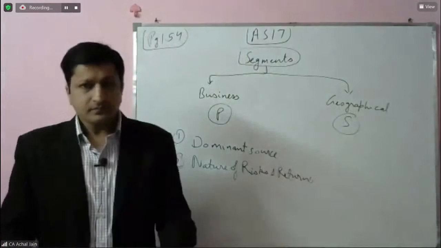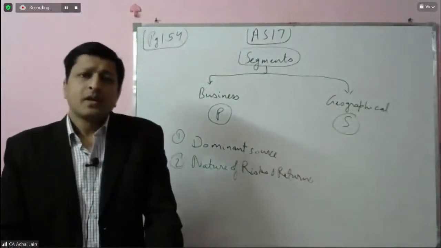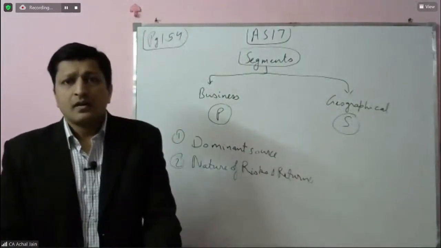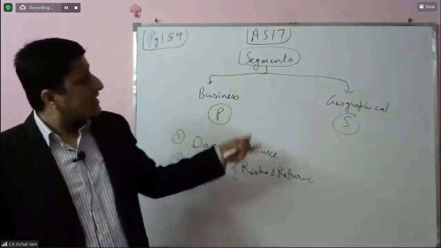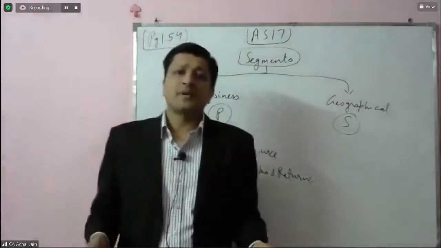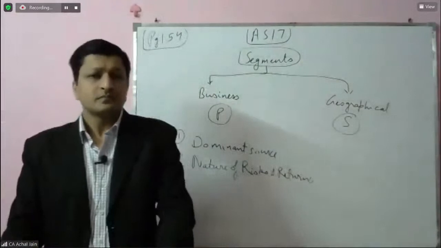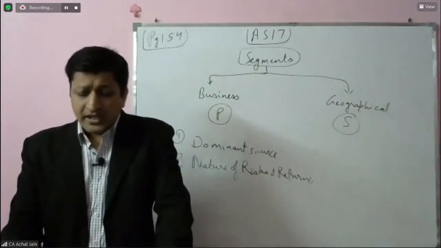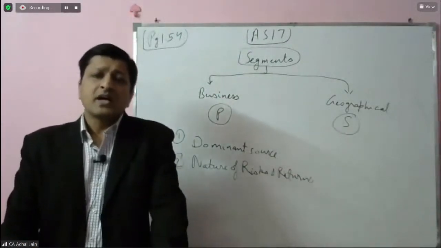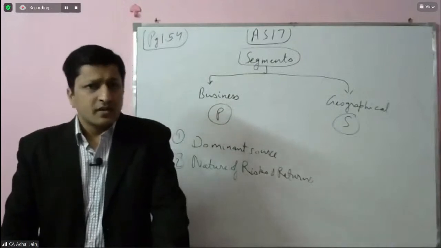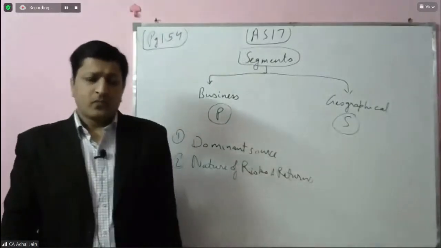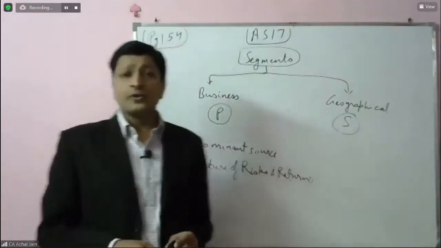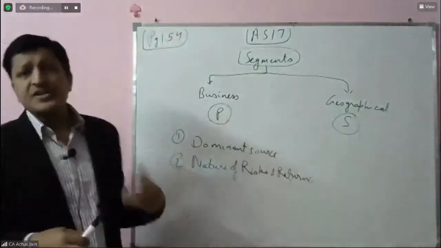Clear? It is not possible that we have business as well as geographical segment as the primary. Because if something is primary, the other one will definitely become the secondary. And it is not necessary, as I told you, that it's business which has to become primary.